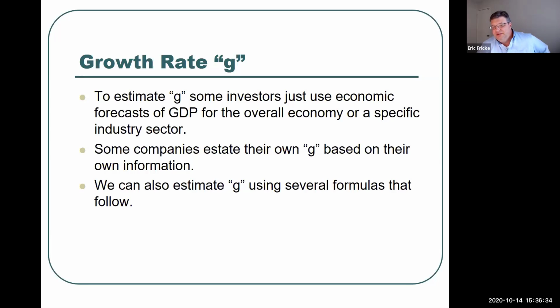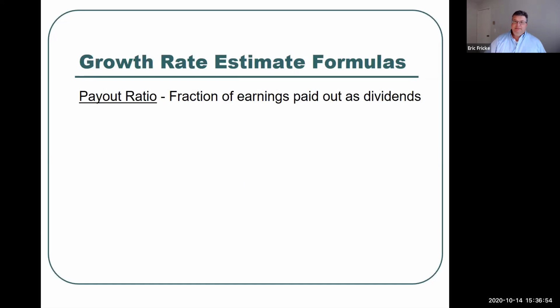This is good too in case a company might change its dividends or change how much it wants to keep and reinvest back in the business. So here are some of the formulas, and if it's possible, write them down on a piece of paper next to you, because you're going to forget these as we go on through the examples.